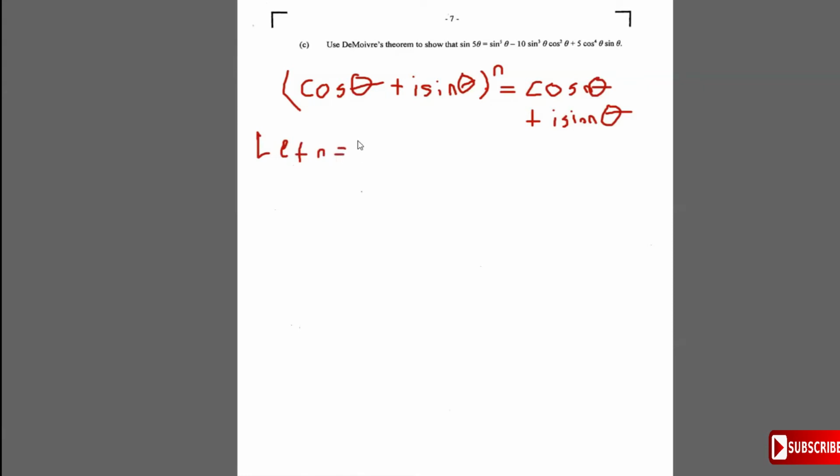You're going to get cos theta plus I sine theta to the 5th power, and this is equal to cos n theta, which is cosine 5 theta, plus I sine 5 theta.